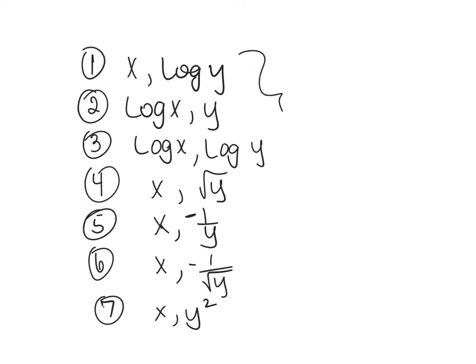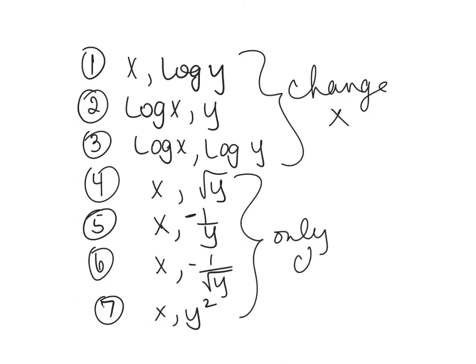Notice that it's only in the logs that we change the x's. And in the other ones we're only changing y. And we just go through, we look at our scatter plot, we look at the residual plot.